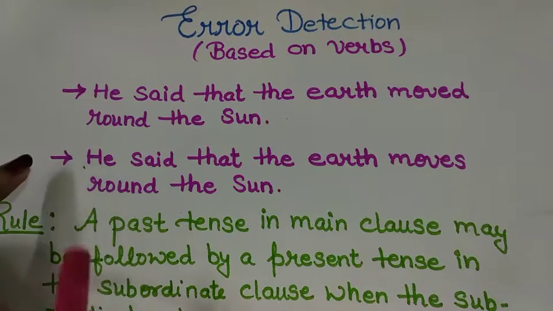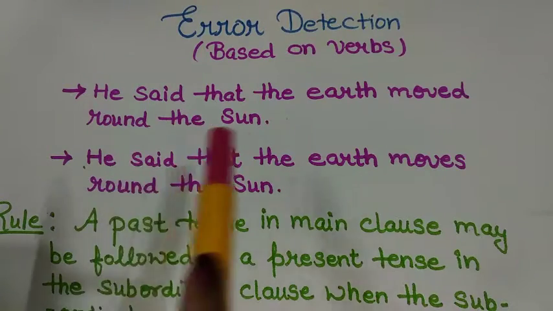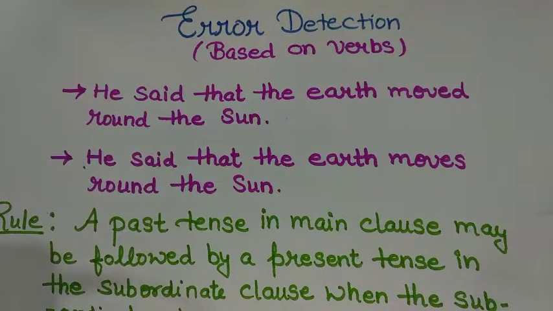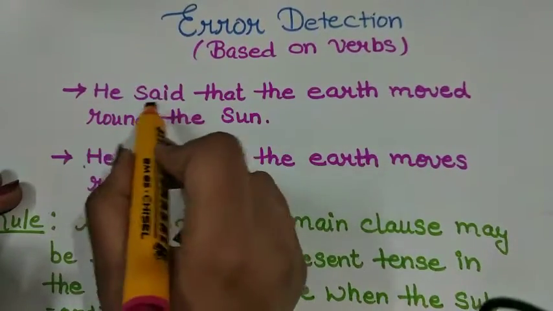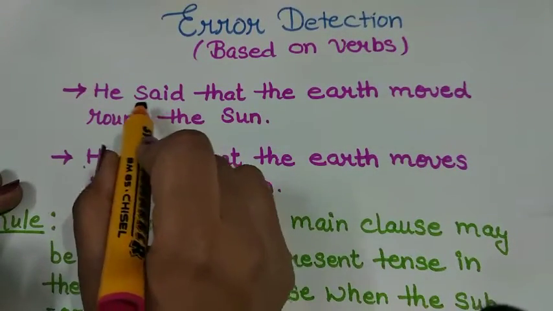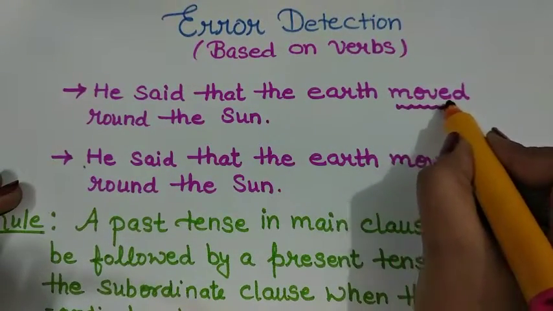See, I have written, he said that the earth moved around the sun. And in the next sentence, he said that the earth moves around the sun. Let me differentiate between them. In the first sentence, said is past tense, and moved is again past tense.